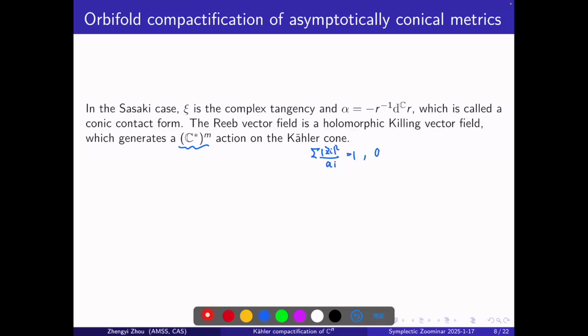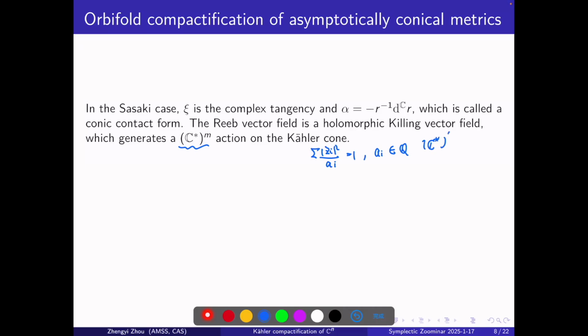And the standard contact form will give you a Sasaki structure on it, and if all the a_i are rational, then all the Reeb orbits will be closed. So it actually generates a one-dimensional torus action, a C*.